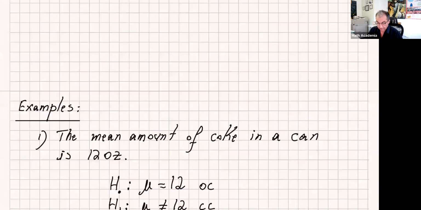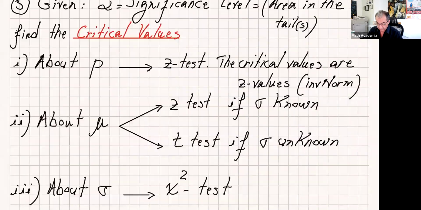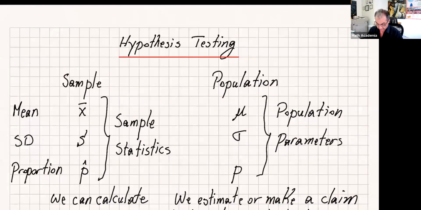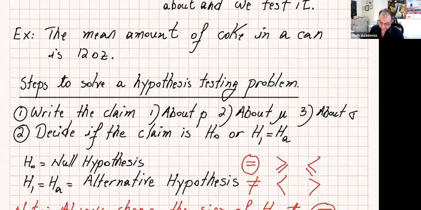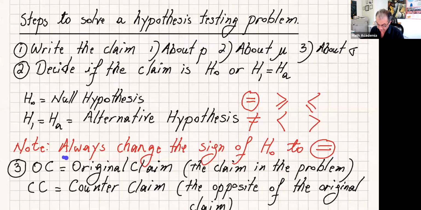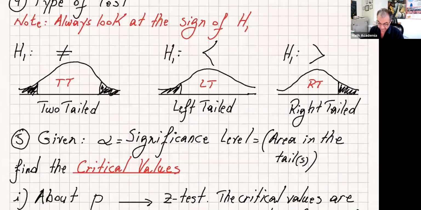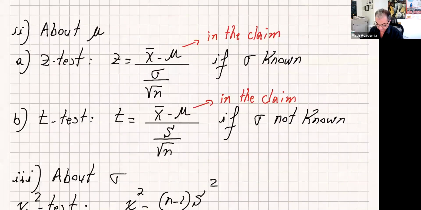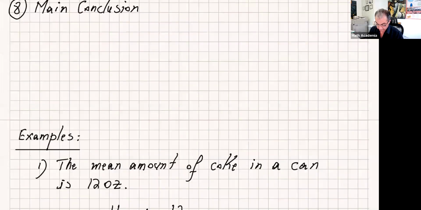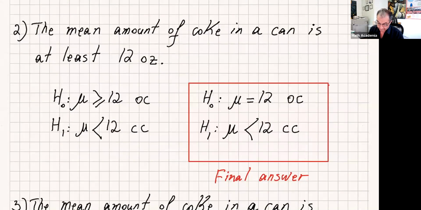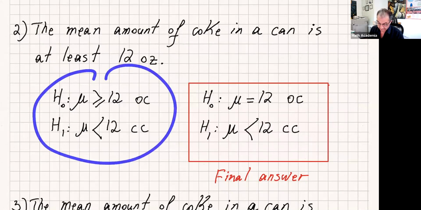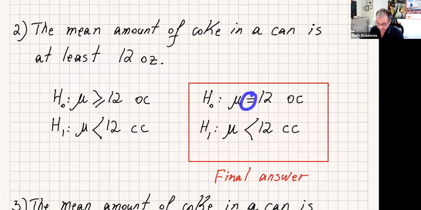As I mentioned, the note I put here: always change the sign of H0 to equal. So if we go back, for example, here I finished that, but I changed the sign to equal.